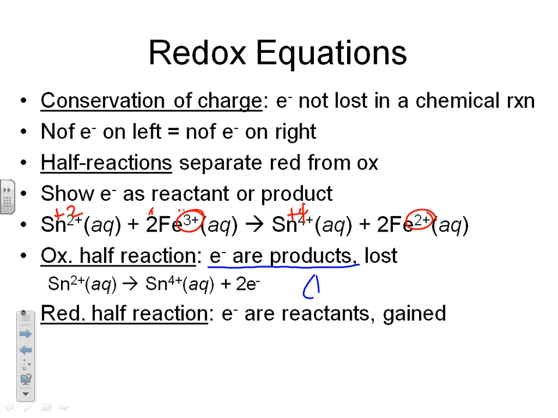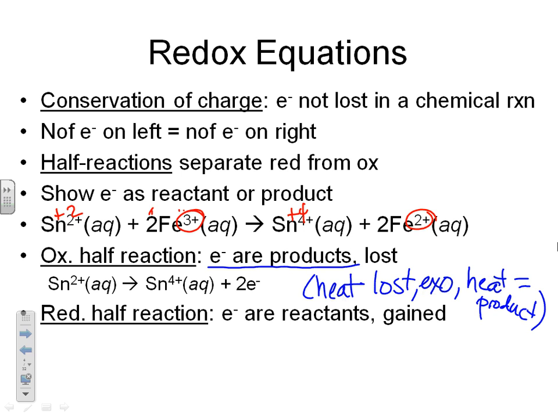Just like when heat is lost, that's exothermic, and heat is a product, it's the exact same idea here. If electrons are being lost, they have to be a product, meaning that tin +2 started with a certain number of electrons, and then it wound up with 2 fewer electrons. That's how it went from tin 2 to tin 4.